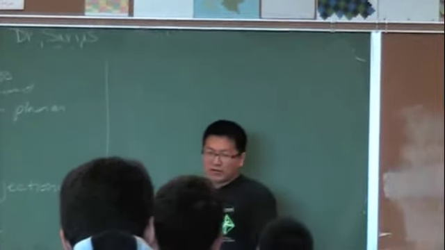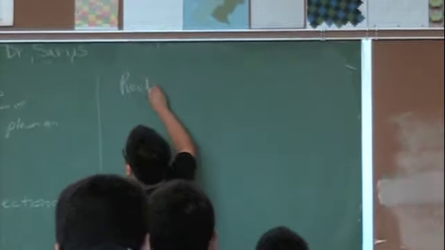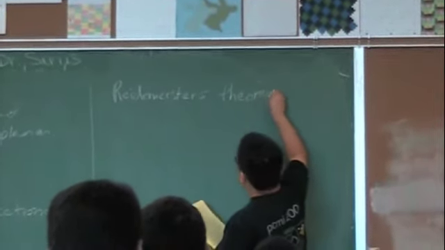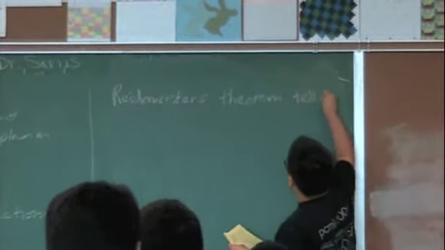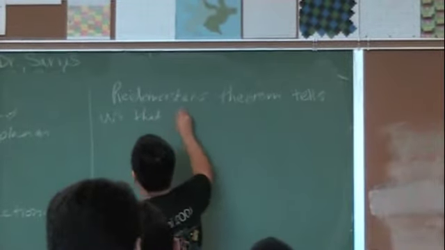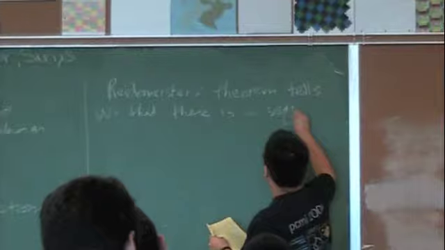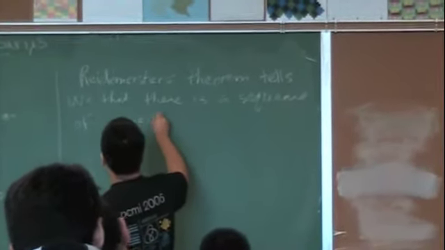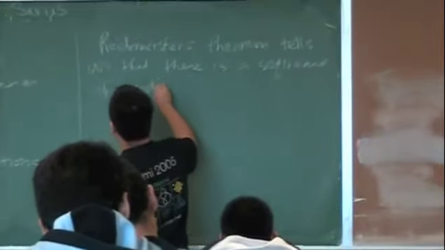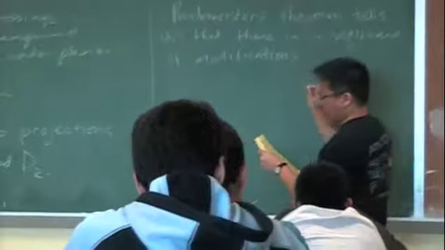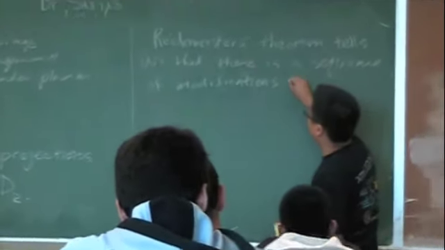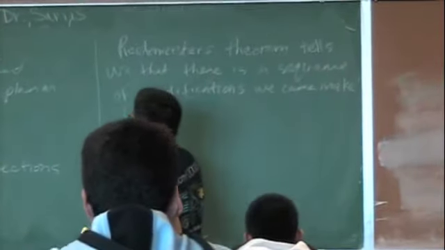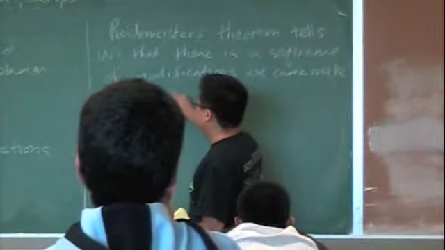Well, Reidemeister's theorem, which I'm going to state precisely in a moment, but let's talk about it in sort of vague terms, is going to tell us that there is a sequence of modifications that we can make to D1, which will produce D2.